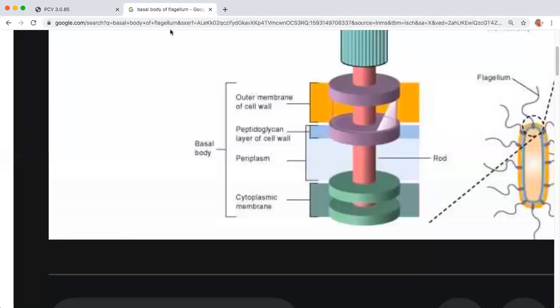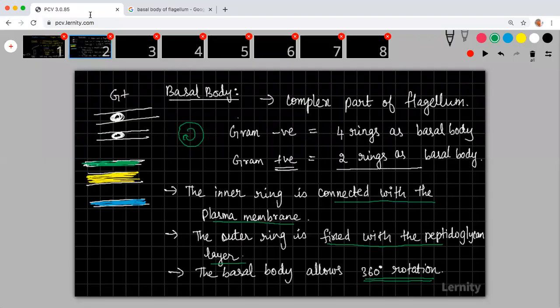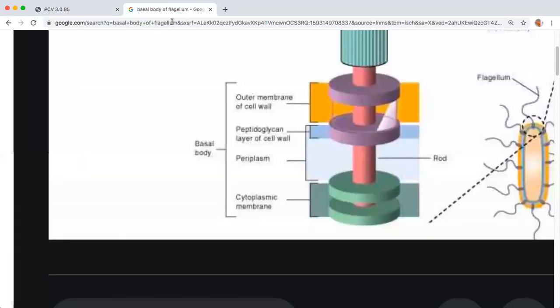What does the triangle denote? Where is the triangle? Okay. That is just the lighting effect, nothing else.